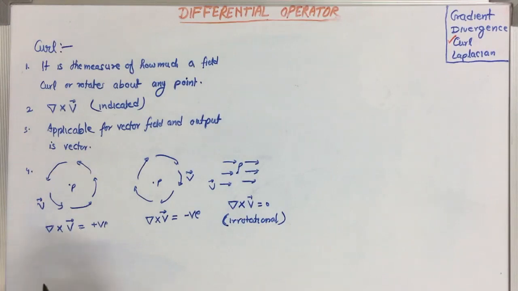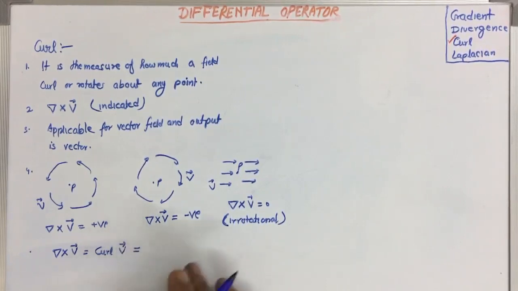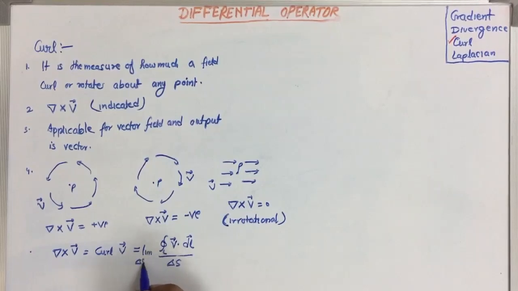Now if we want to define the curl, then the definition can be: curl, that is the cross product del cross V, or we can write simply curl of V. It can be the maximum circulation of the field, and the circulation of the field in a closed path can be written like that, per unit area when area tends to 0.